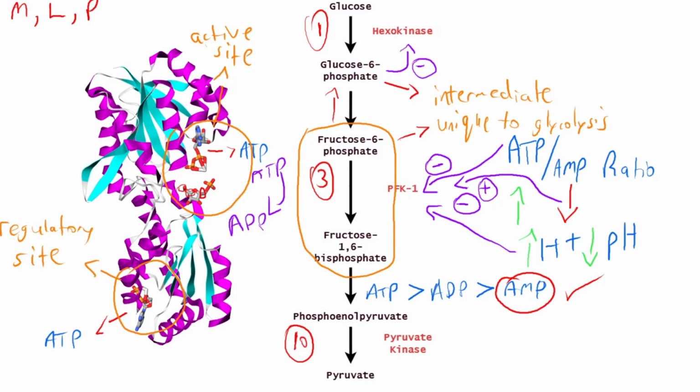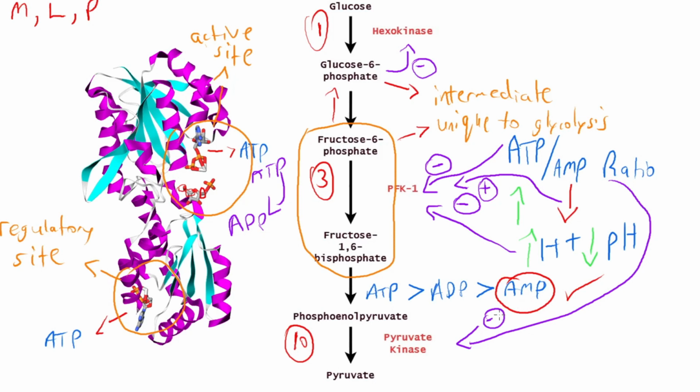And lastly, we have regulation of pyruvate kinase. And pyruvate kinase, similar to PFK-1, is regulated by the ratio. A higher ATP to AMP ratio means you have inhibition. So it's inhibited. And you could also say a lower ATP to AMP ratio is not inhibited.